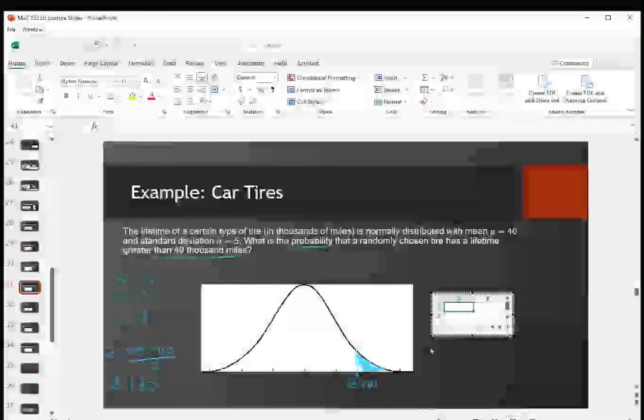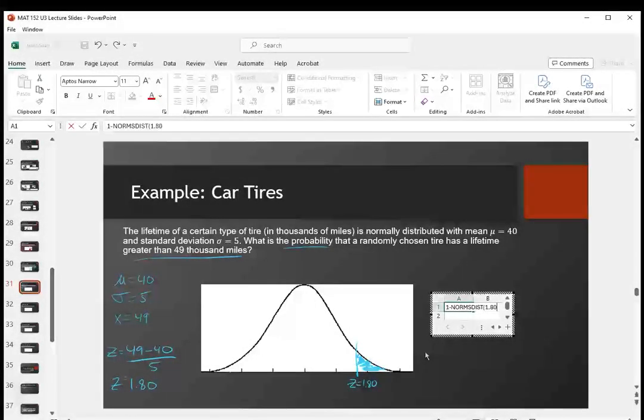If we want the area that is above 1.80, then we need to do 1 minus the area below 1.80. And you want to put equals in front of it, or else it won't do anything. 0.0359, or 3.59%. So there's a 3.59% probability that if you randomly chose a tire, it'd be greater than 49,000 miles.